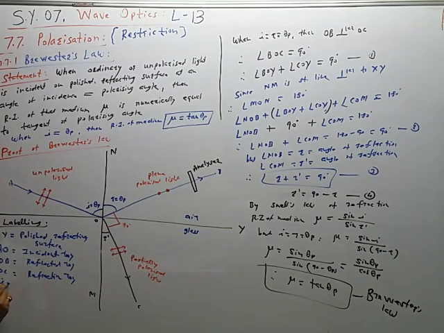I is equal to angle AON, angle of incidence. R is equal to angle NOB, angle of reflection.